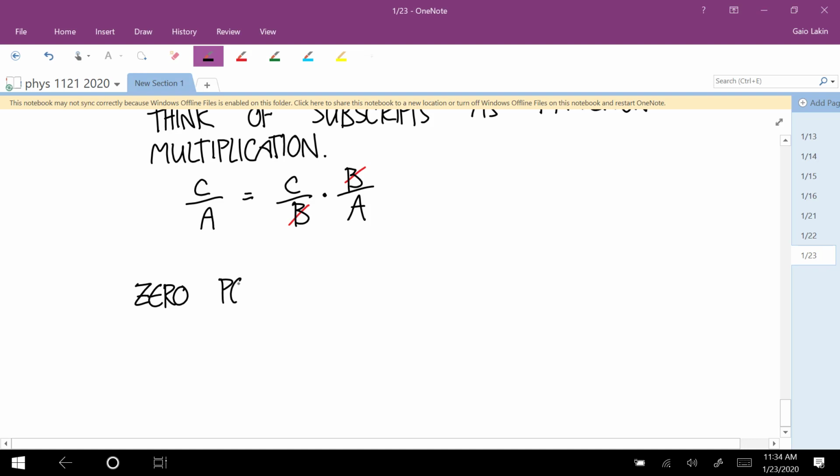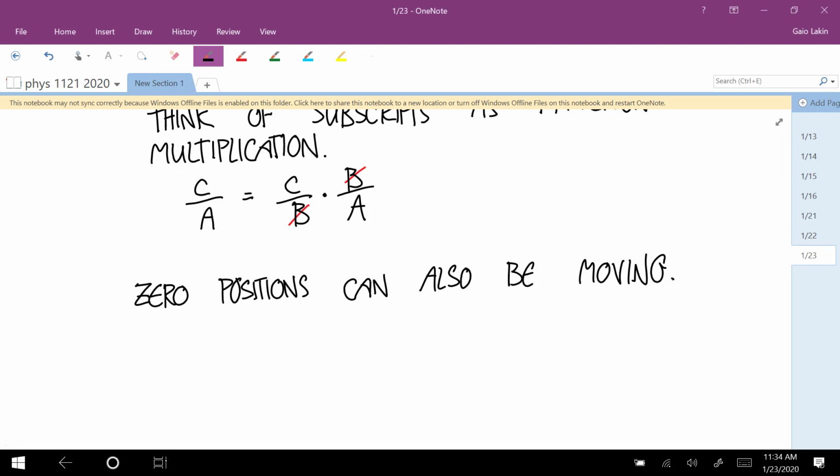So those zero positions can also be moving. They don't have to be. One could be still and one could be moving, or one could be going the other direction.